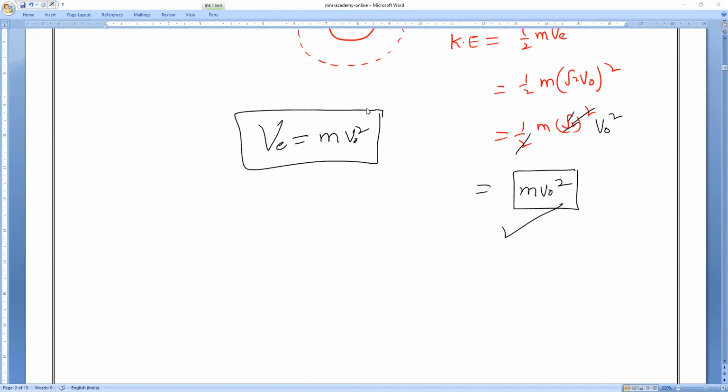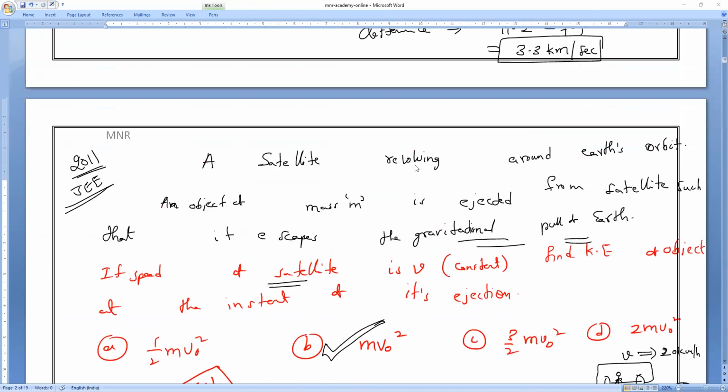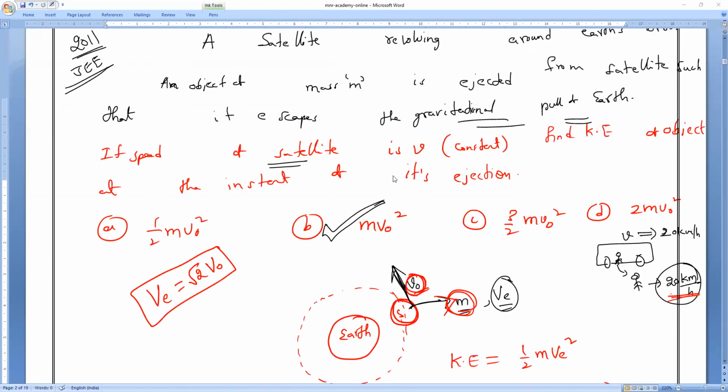Any doubt? Anybody can ask. It is a very simple sum. Sometimes they will ask even very small terms, but you just need to have a complete idea. If anybody has any doubt, you can ask me, otherwise we'll proceed further. Are you clear, Mr. Rudreswar? Yes, sir.